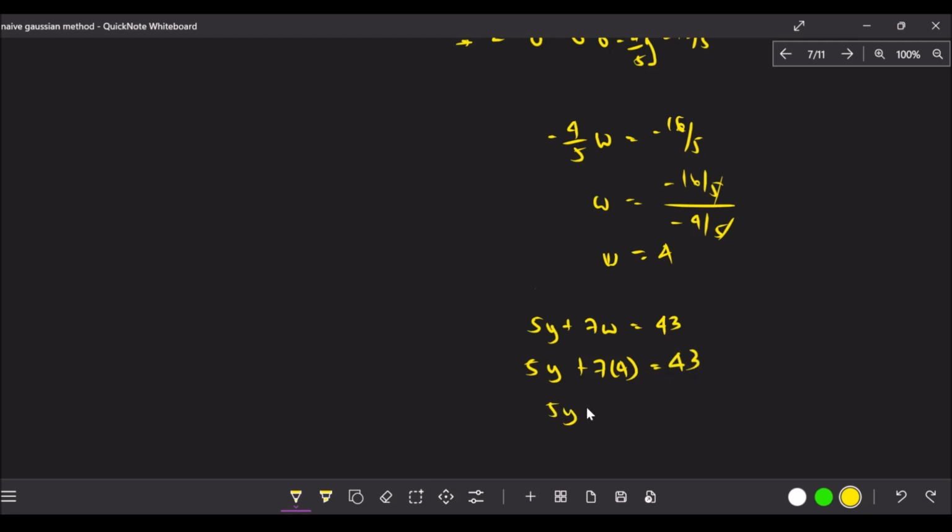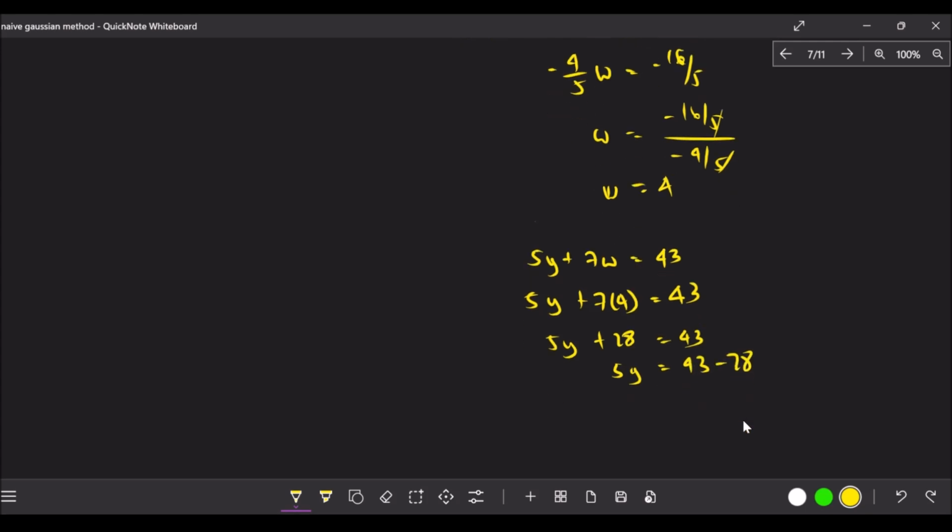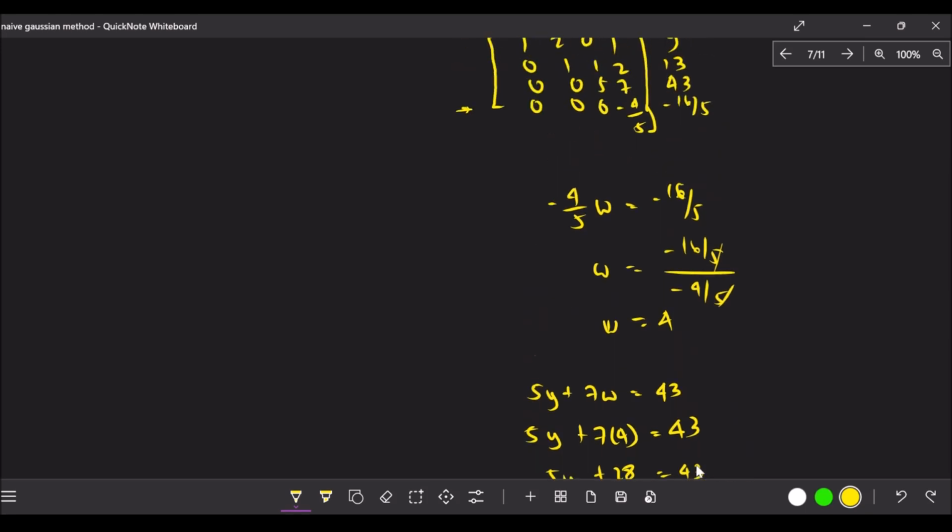So we have 5y plus 28 is equal to 43. So 5y is equal to 43 minus 28. Okay, so this will be 5y is equal to 15. So divide both sides by 5. So y is equal to 3.